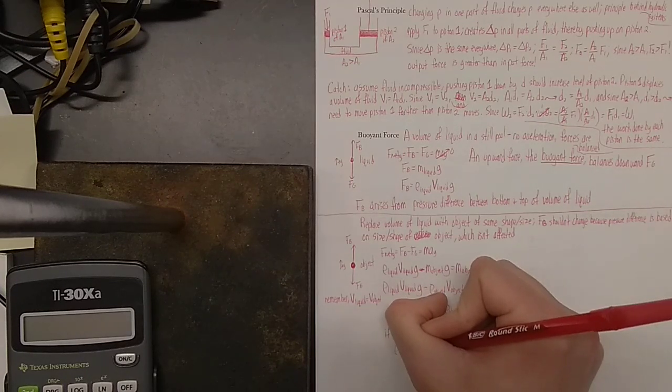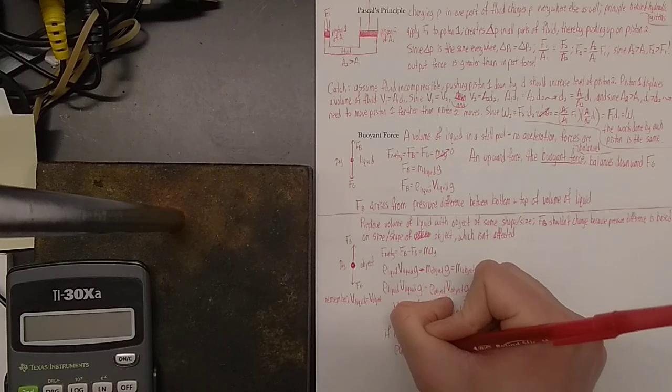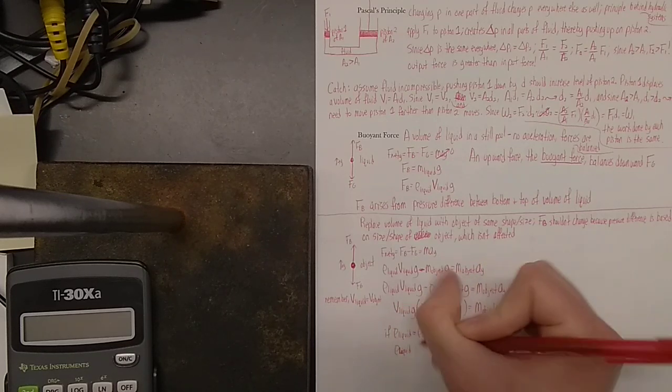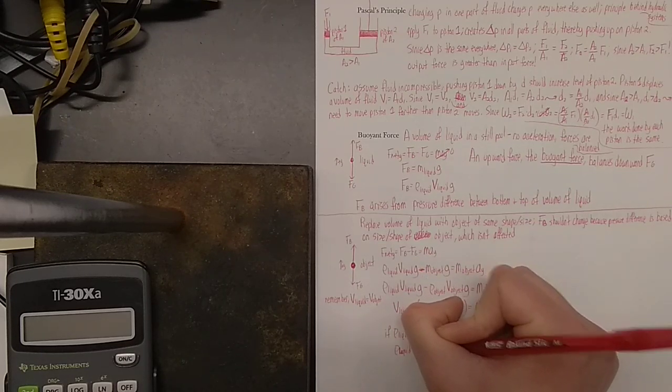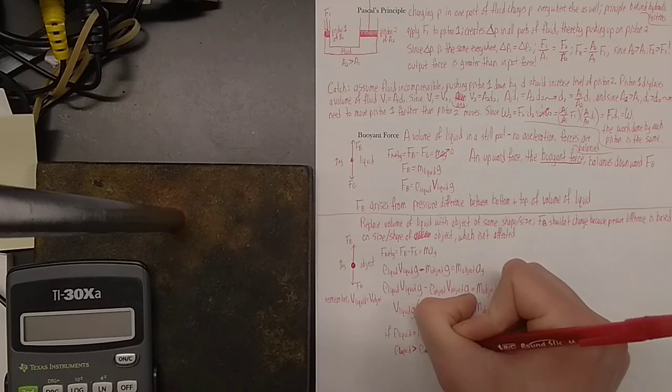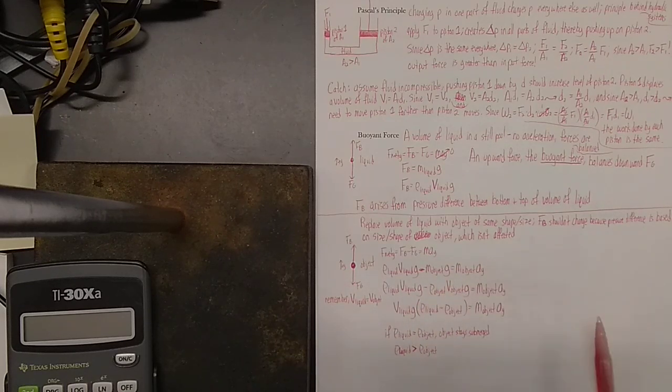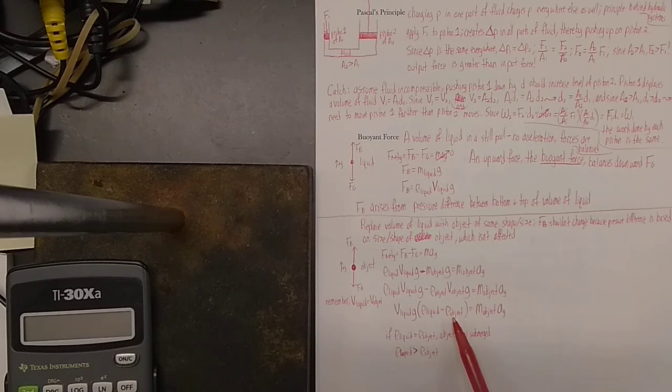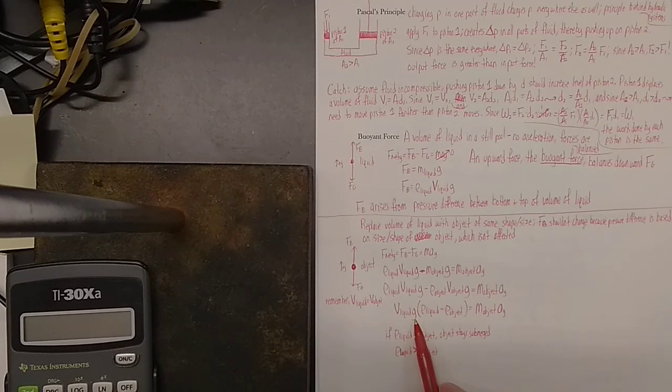Well, what happens if the density of the liquid is greater than the density of the object? Remember, if the density of the liquid was equal to the density of the object, then this would be 0, and we'd get no acceleration. What happens if this is greater than this? This becomes a positive number. Volume and g are going to be positive.